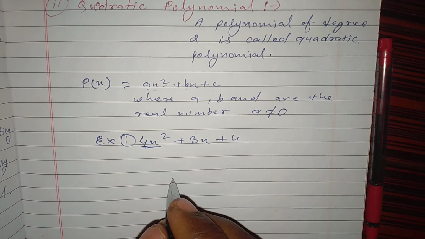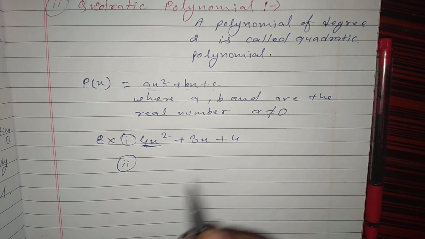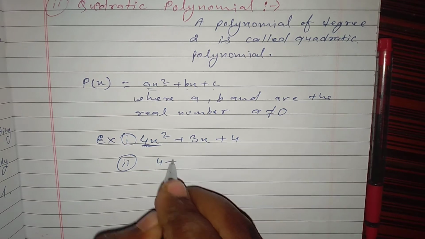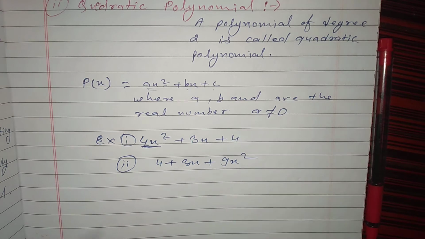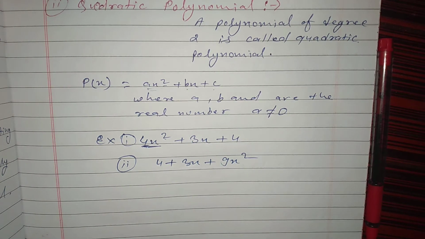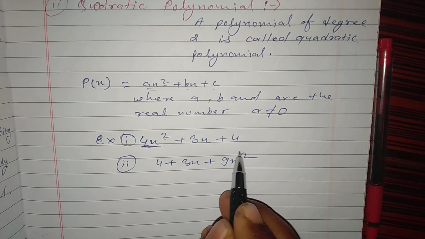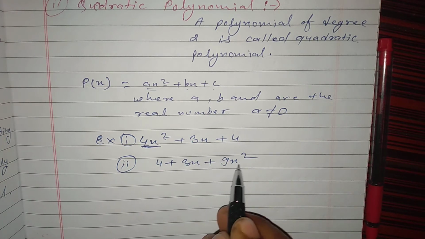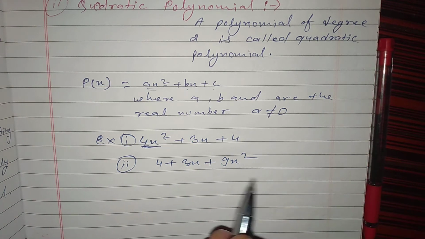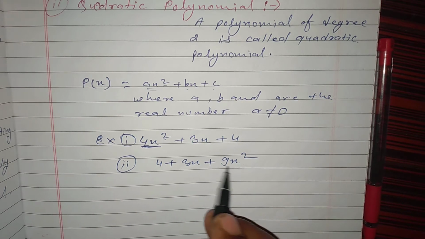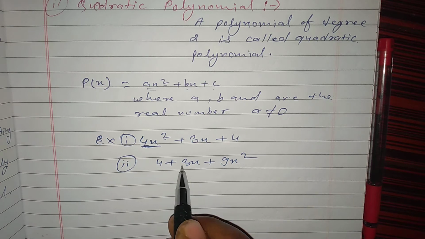If you have another example of this type: 4 plus 3x plus 9x square. Here, every term has the variable; the variable x is hidden.